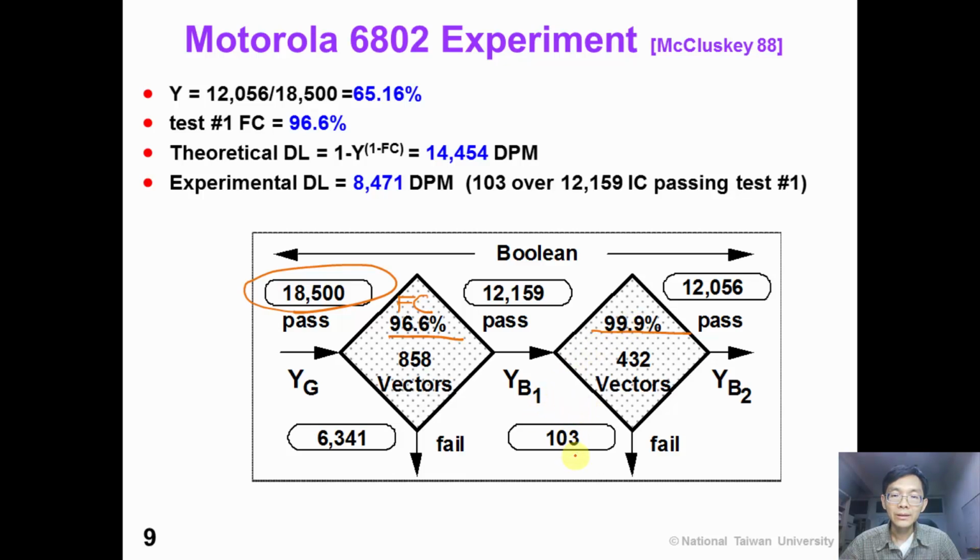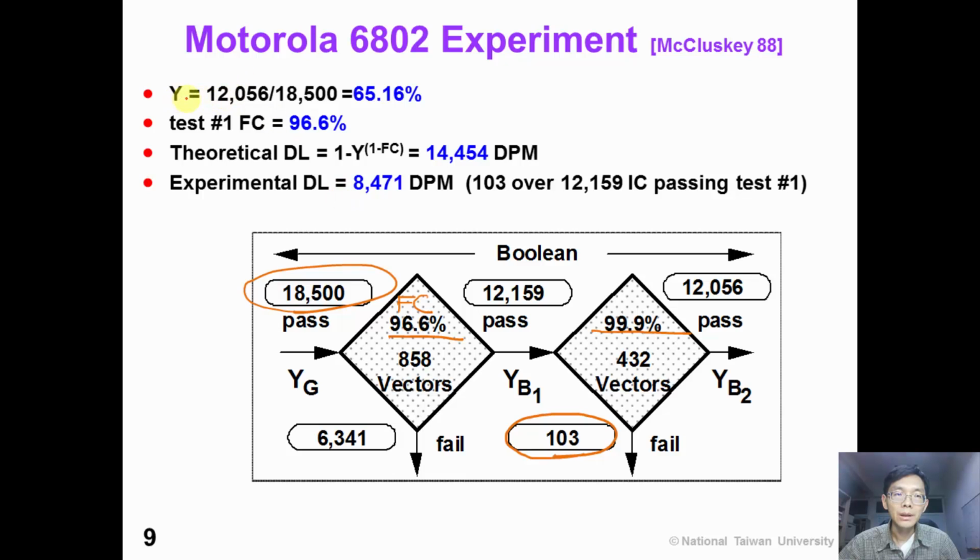In the second test, 103 IC failed. So this would be the test escape if we only apply test number 1.